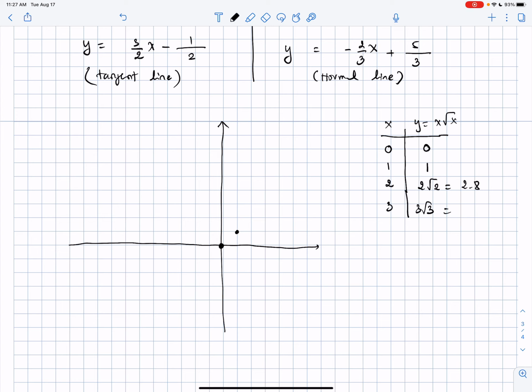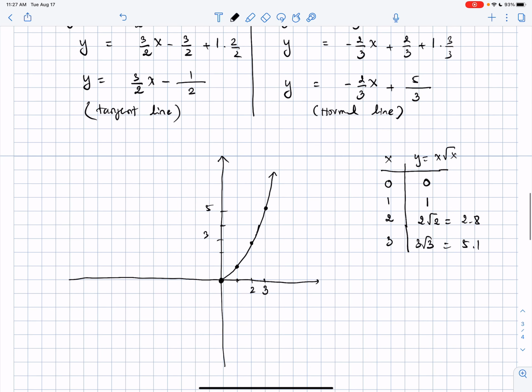So 3 times 1.7 is 5.1. So we have 2 on x and 2.8 on y, 3 on x, and 5.1 on y. Now we have the curve like this, right? Notice that the domain of this function is all positive numbers, including the 0, but not negative.